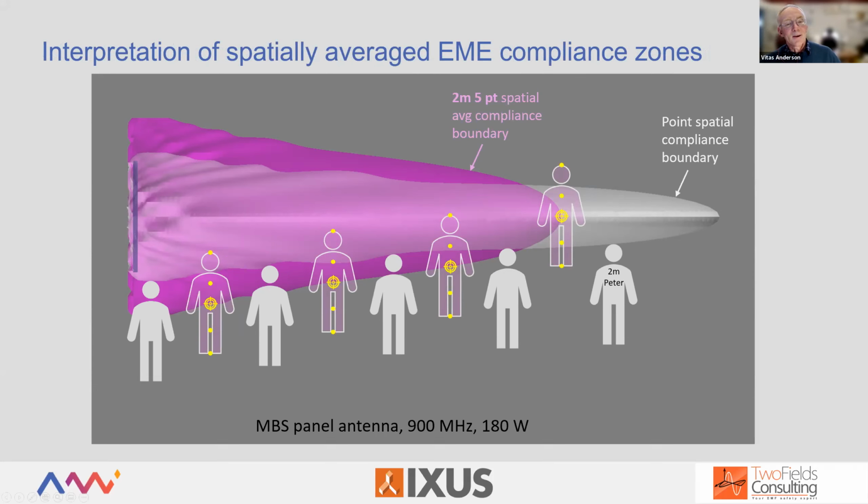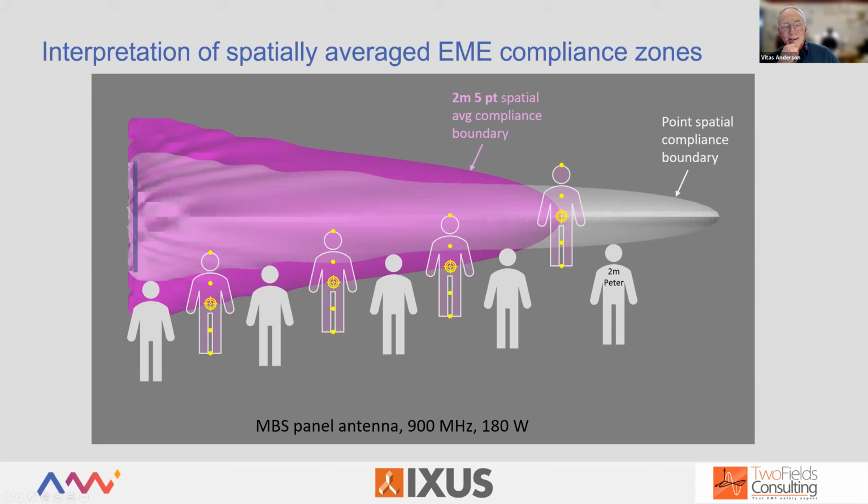Okay, so I've now drawn these new guys that have come in, who are right on the edge of the compliance boundary for the 5-point spatial average compliance boundary. If this guy here is a little bit lower, then he's okay, because his assessment point is not at the top of his head, it's actually in the center of his body.